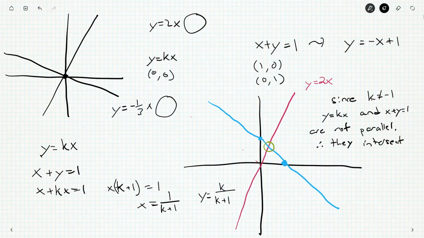So we know this intersection point. Will that help us in any meaningful way? I don't quite know, but I think it will. And here's what I'm thinking. I'll redraw my picture and label my intercept.